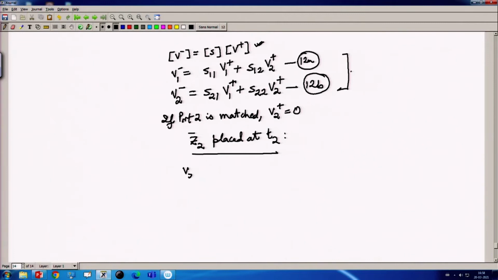Therefore, we can write under this condition, straightforward, where gamma L is the reflection coefficient at the load. So, I can characterize the reflection at the port 2 by this reflection coefficient due to this normalized load impedance Z2 bar.